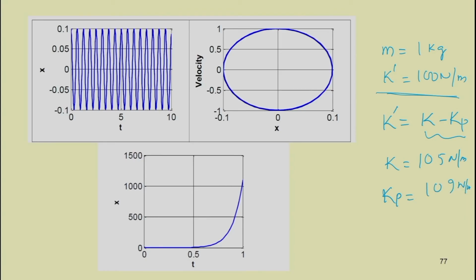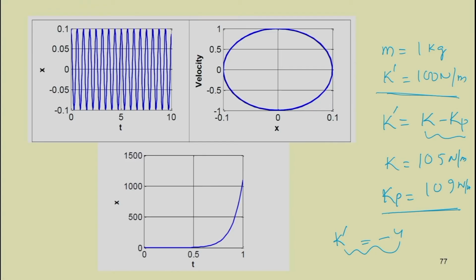In this case k minus kp becomes minus 4. So in the second case, k dash equal to 105 minus 109, that is equal to minus 4.